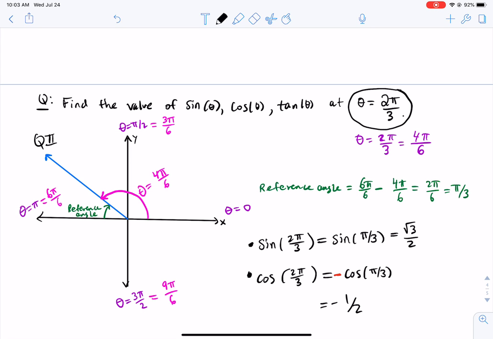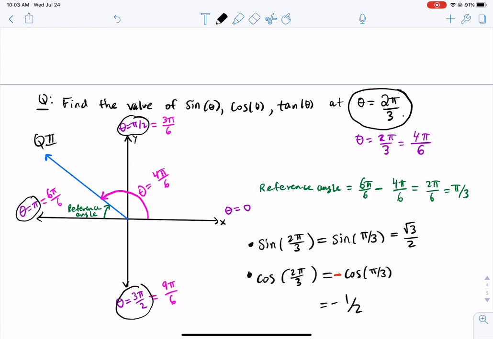So what you do is you look at 2 pi over 3 and you look at the original angles that we have, this one and this one. The denominators for these ones are 2. The denominator for that one is 3. The common denominator will be 6. So you turn that angle 2 pi over 3 so that the denominator now is 6, and you turn these ones so that the denominators are 6.